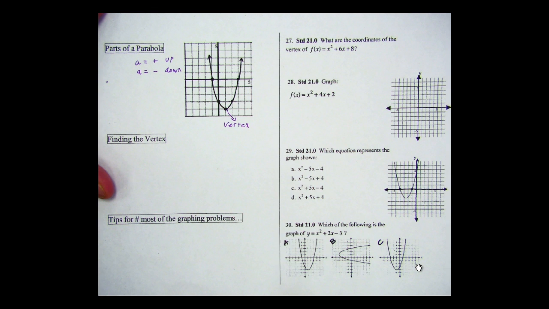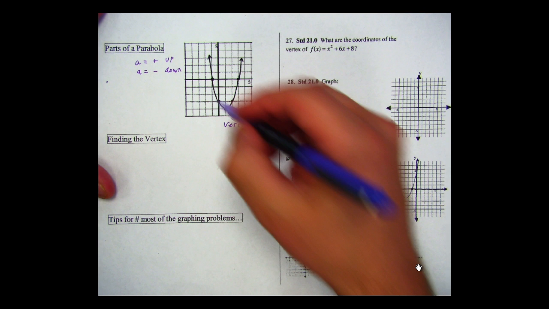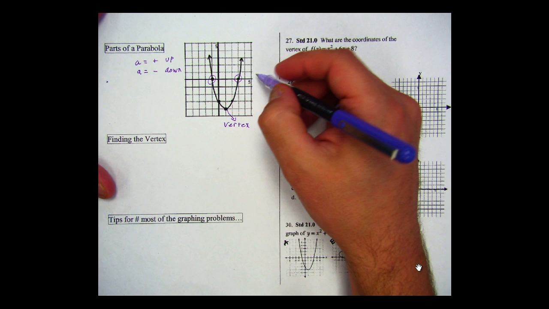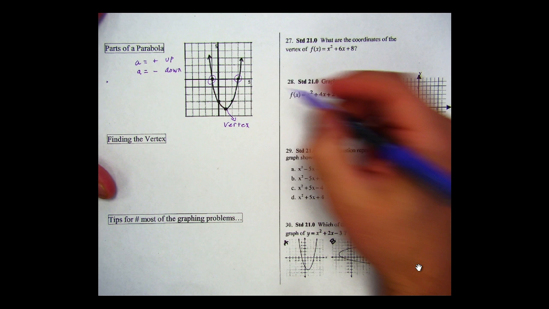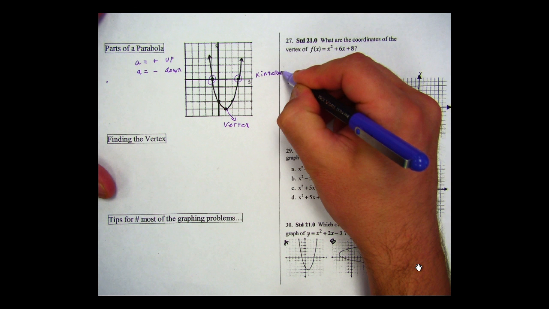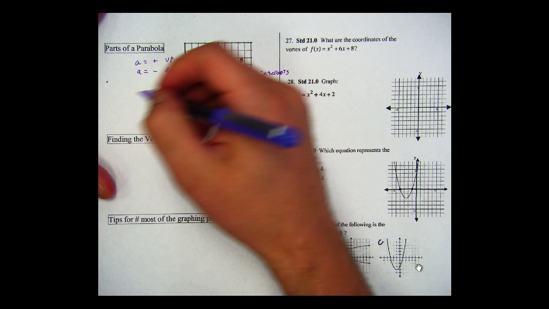You can find the vertex by using some algebra or by locating it. Also, the place where the line crosses the x-axis is called the x-intercept. If you can find the x-intercepts on your graph and verify those on your equation, then you can quickly eliminate the choices.